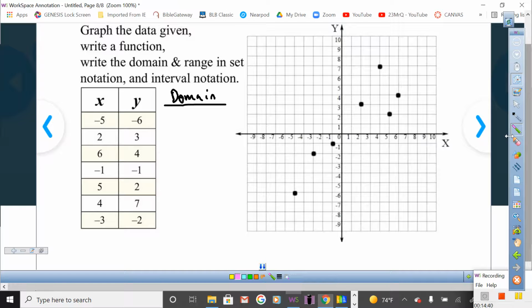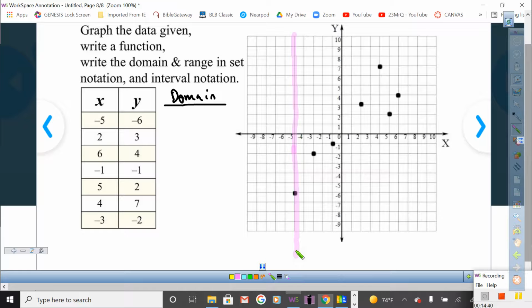Did you identify that point? You should have said -5, -6. So I'm going to draw a highlighter line all the way straight down that point. Remember, we always read it from left to right.